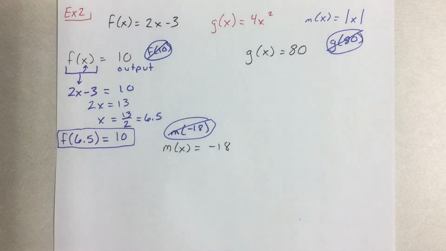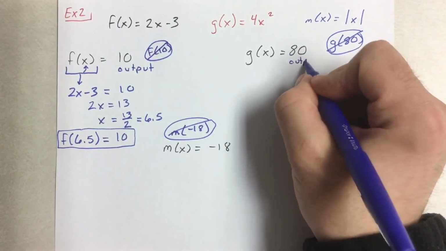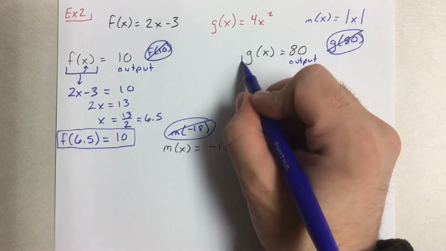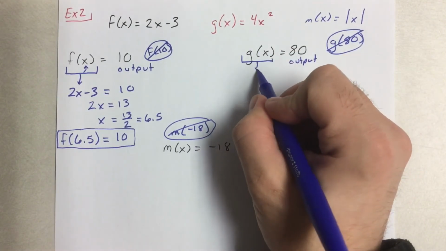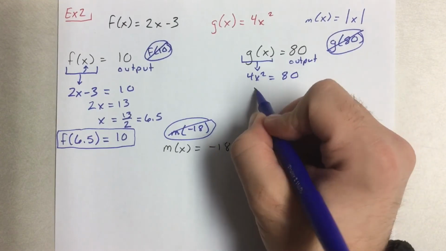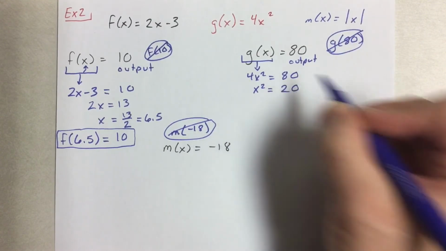Okay? Let's look at another. Let's say g of x equals 80. So again, we have our output. What is the input? What do we need to place into it to get that? So I'm going to replace g of x with what it is. 4x squared equals 80. So we divide by 4, giving us 20.